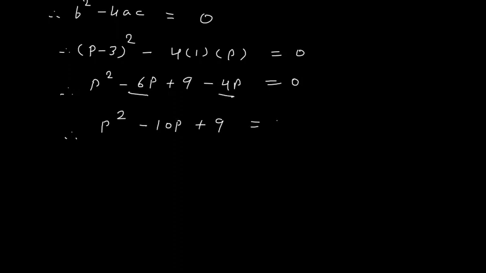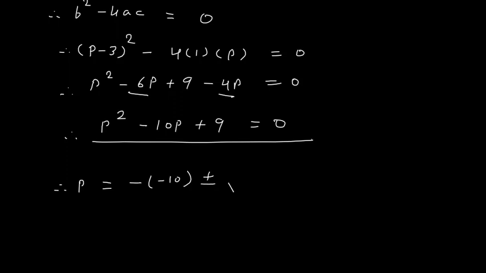Now we can find the value of p. Therefore p is equals to minus of minus 10, that is minus b, plus minus root of b square, that is minus 10 square, minus 4, value of a is 1, value of c is 9, and whole divided by 2 into 1.